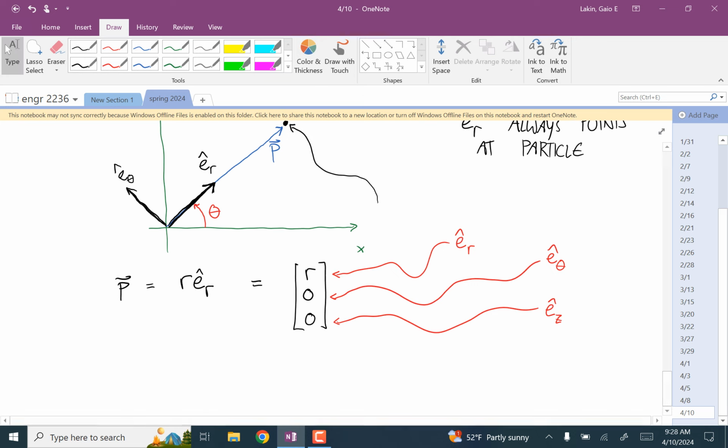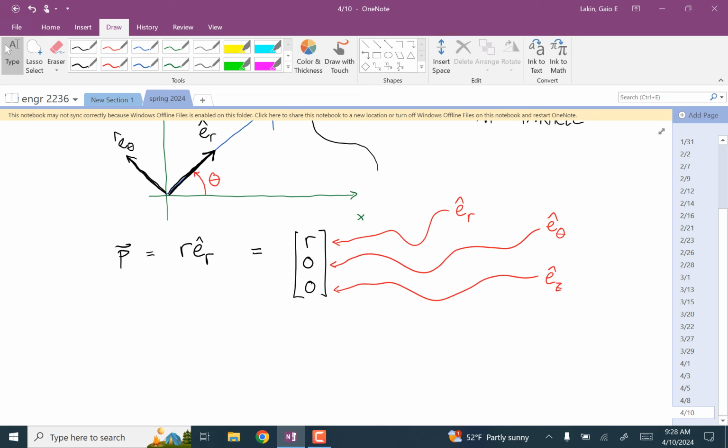Okay, so now the velocity vector is equal to the time derivatives of the position components.